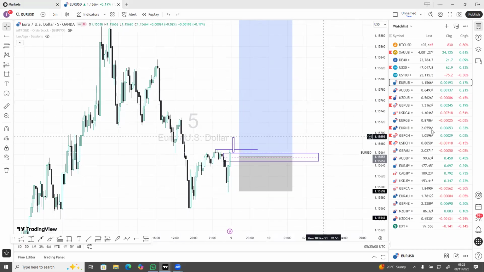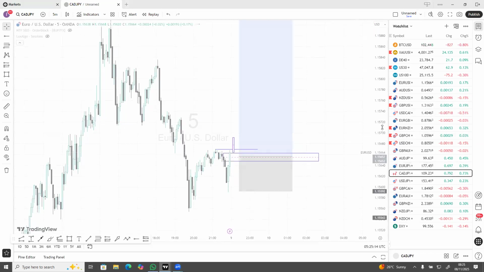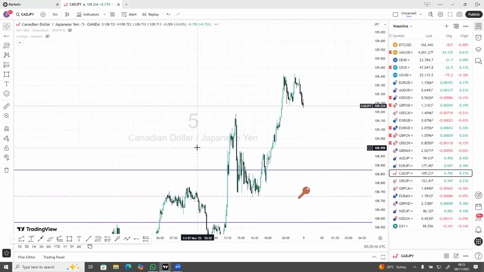So we can shift to another pair. Let us see JPY.